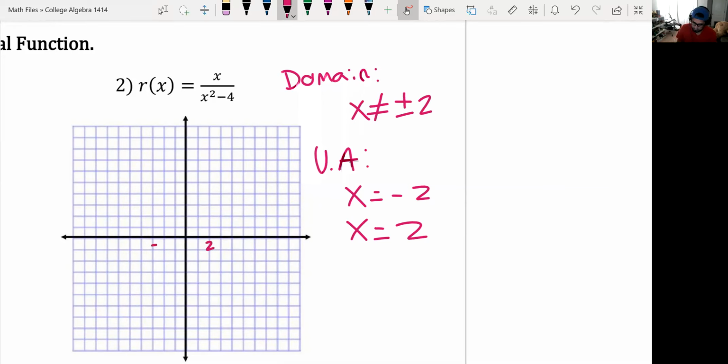There's 2, there's -2. Done. Nothing crazy. Keep it simple. Keep it really simple. If you have your domain, you have your vertical asymptotes. That's it. Hand in hand.